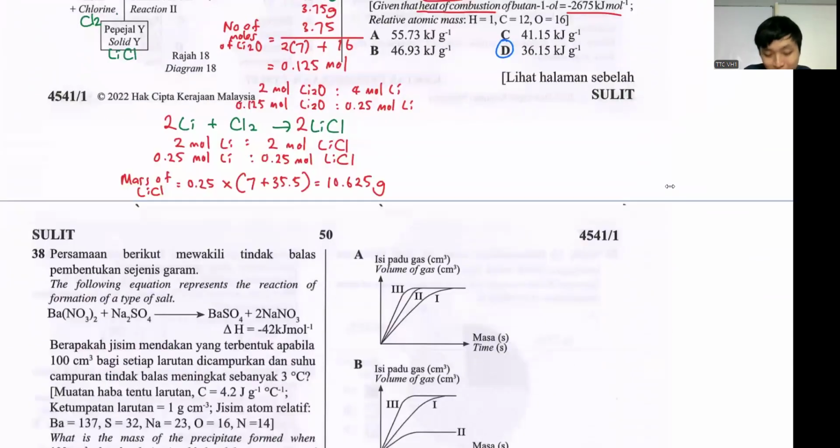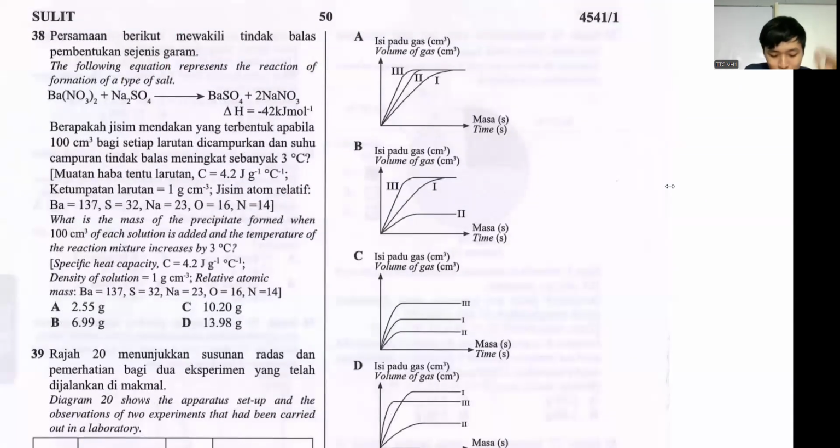Okay. Question 38. This one is another Form 5 chapter 3 calculation. So this one is the delta H equals to mc theta equals to Q per mole. The double decomposition reaction, yes, the heat of precipitation, where you get the white precipitate, which is the barium sulfate, the white insoluble salt.